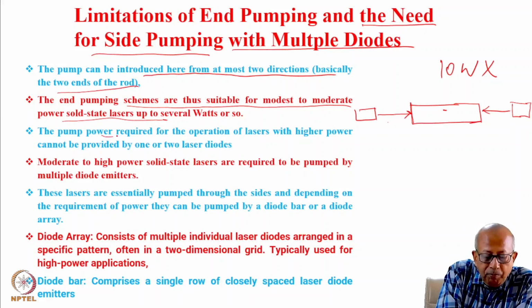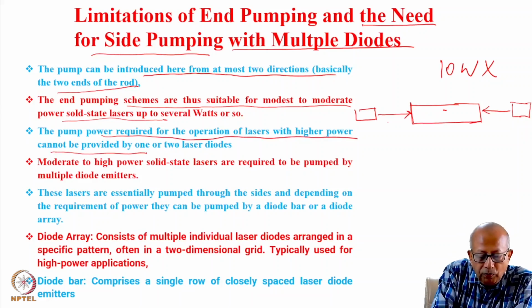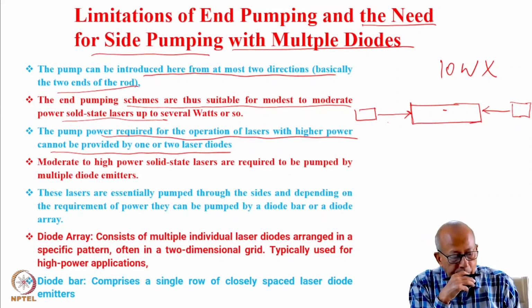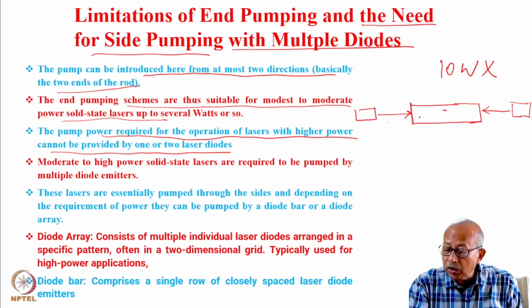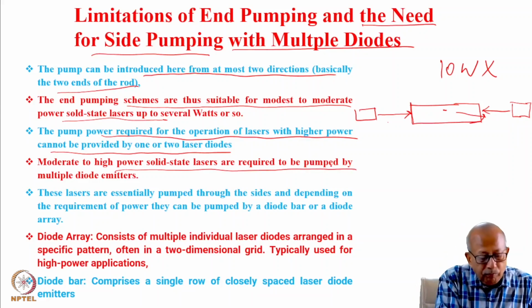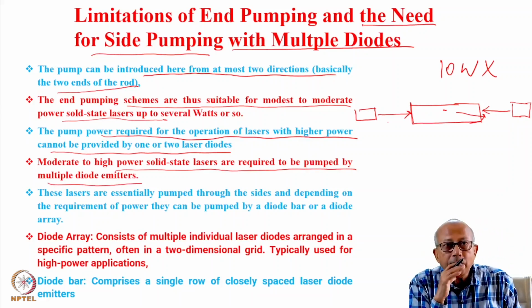The pump power required for the operation of lasers with higher power cannot be provided by one or two diodes alone. You need more diodes. That is, you have to increase the pumping energy if you have to generate more power from your laser. Moderate to high power solid state lasers are required to be pumped by multiple diode emitters.